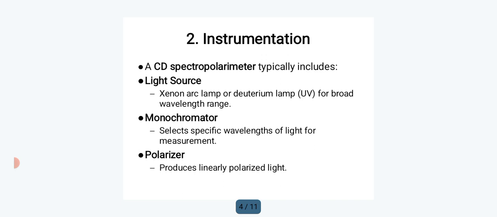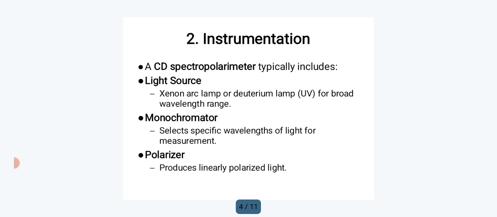Next, we are going to discuss instrumentation. The instrumentation includes, first, the light source: a xenon arc lamp or deuterium lamp, that is a UV lamp for a broad wavelength range.